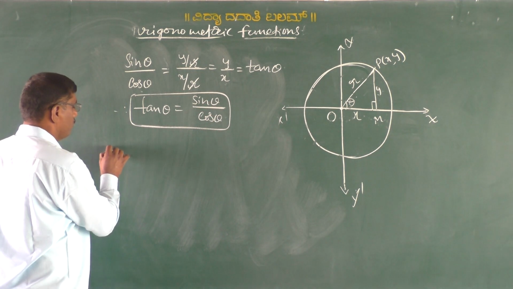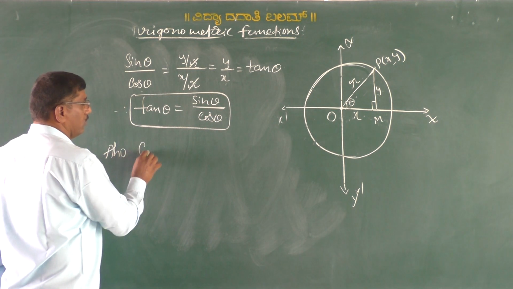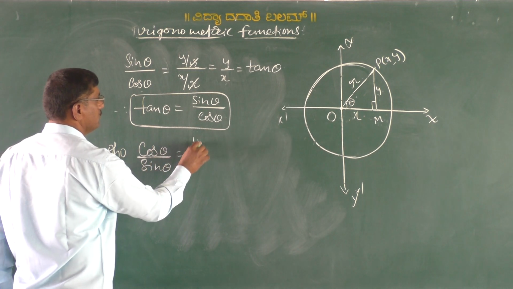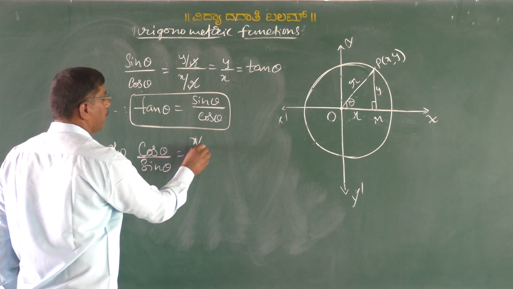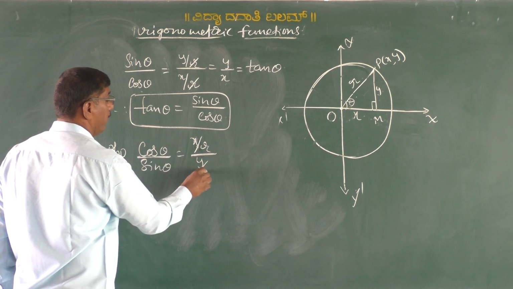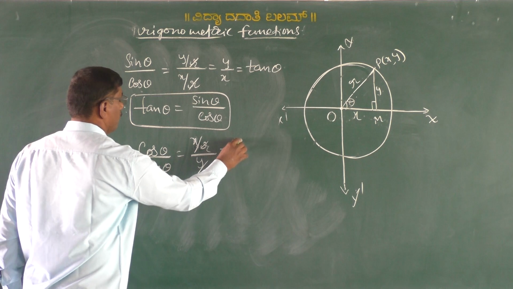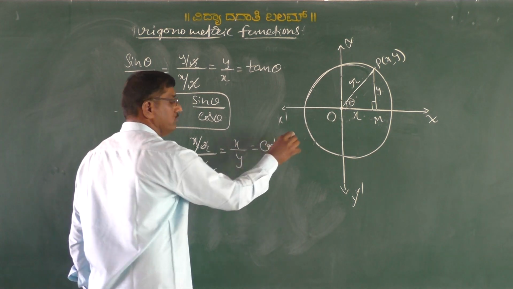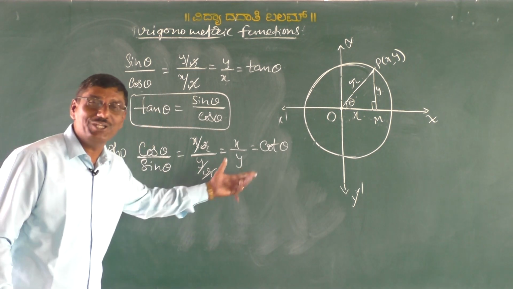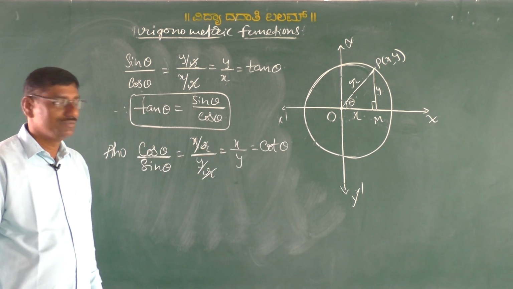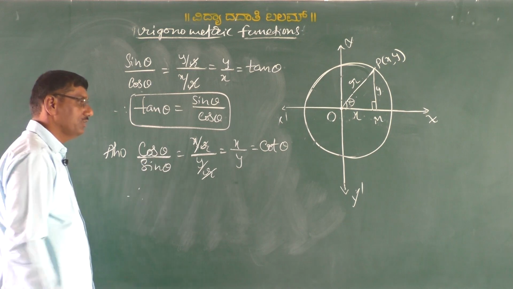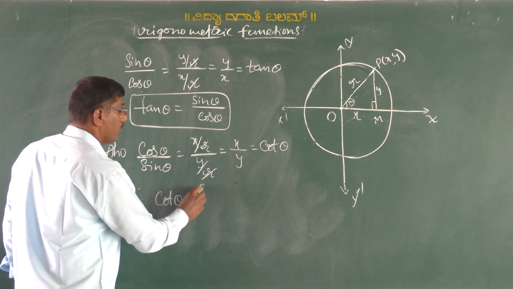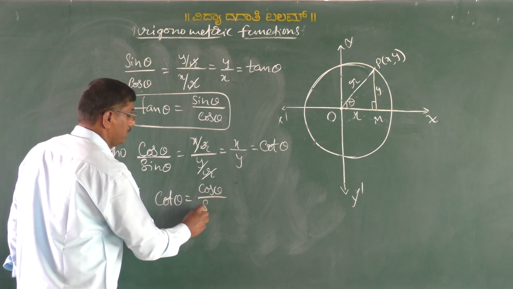Tan theta can be written as sin theta by cos theta. Similarly, also cos theta by sin theta. This is x by r divided by y by r, which is equal to x by y. This is equal to cot theta. Therefore, my dear students, cot theta can be written as cos theta by sin theta.